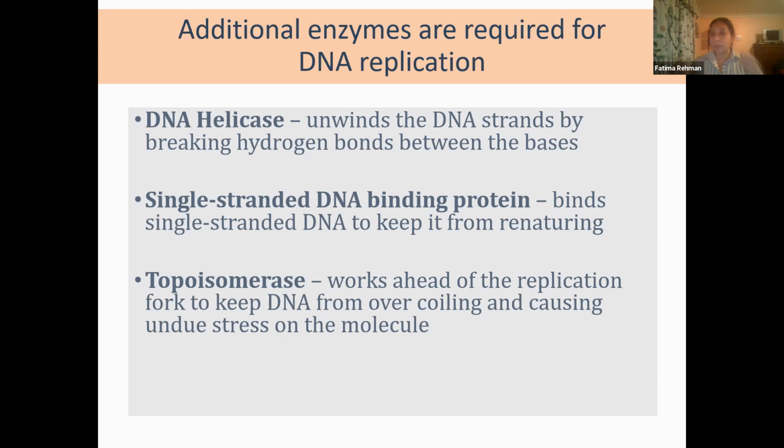The origins of replication have specific sequences that allow the DNA helicase to bind to them and start to pry them open right at that spot. It can't just bind anywhere along the chromosomes or the DNA. It has to bind in specific areas where it can bind to those origin of replication sequences.